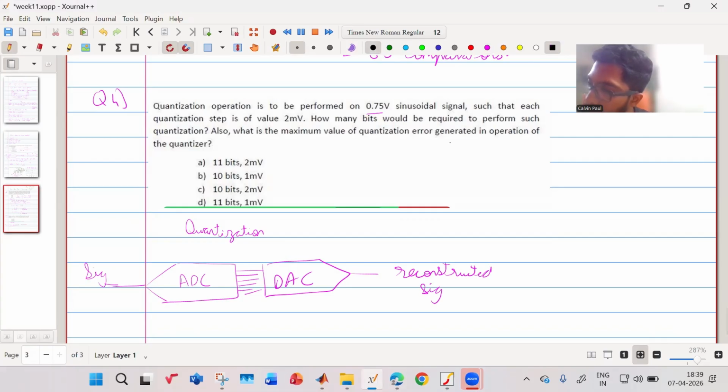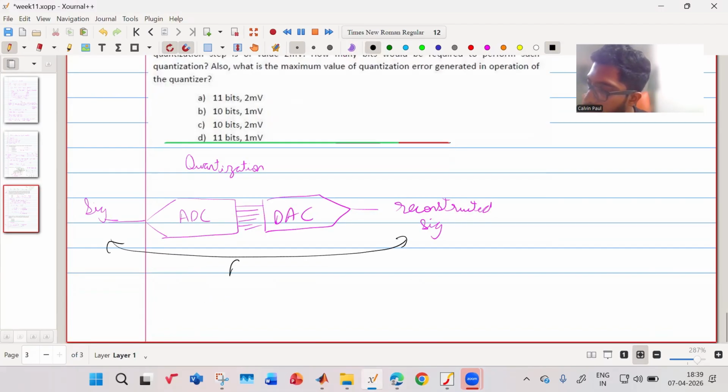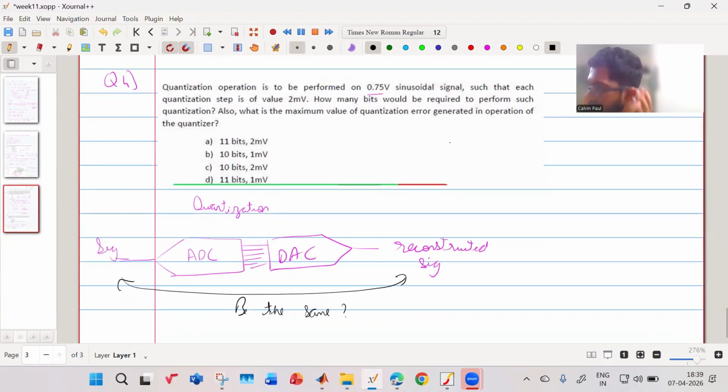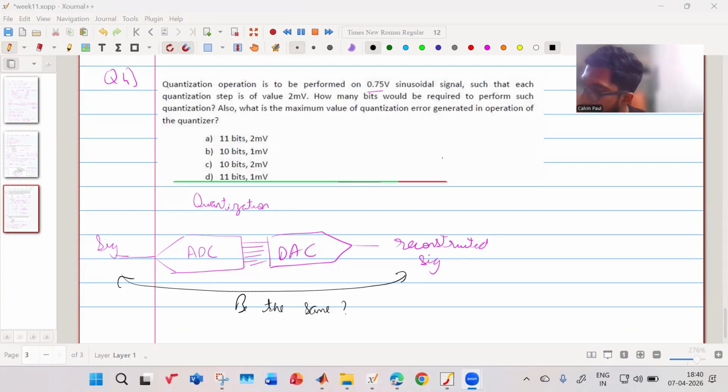Will these two be the same or will they be different? Because both are analog signals. Different. Okay, they're different.